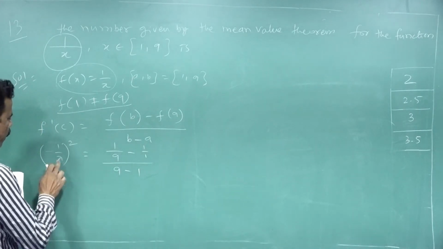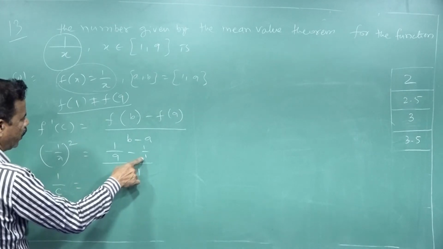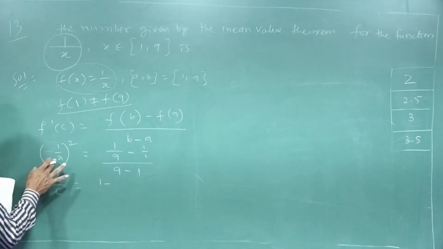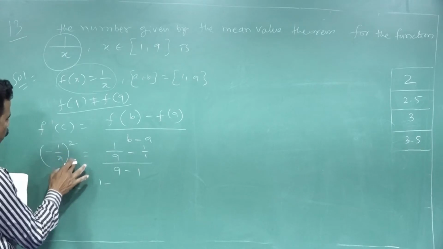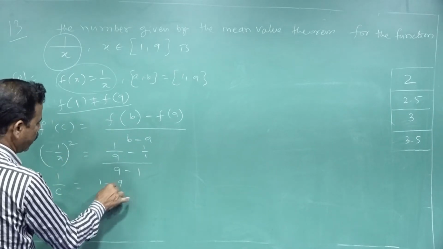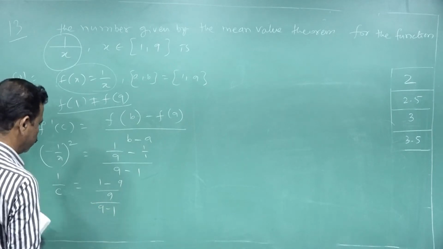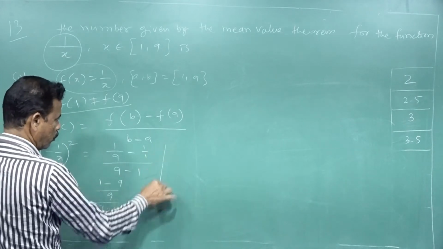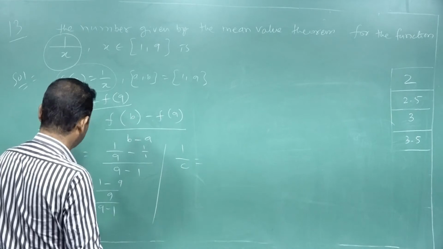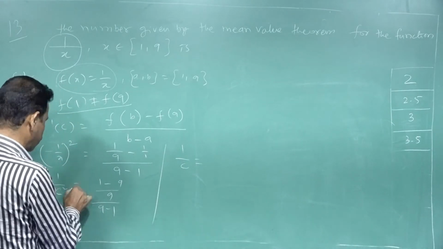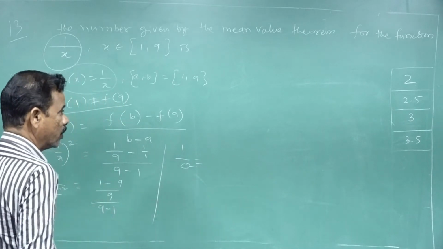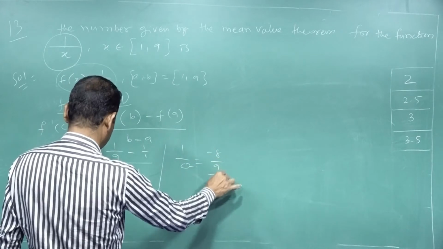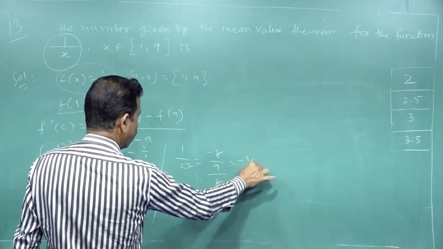Taking x is equal to c, minus 1 by c square is equal to (1 by 9 minus 1) by (9 minus 1), which is minus 8 by 9 over 8, the 8 cancels, minus 1 by 9.